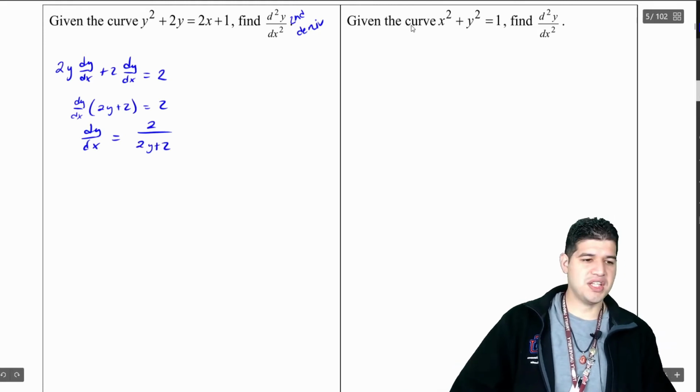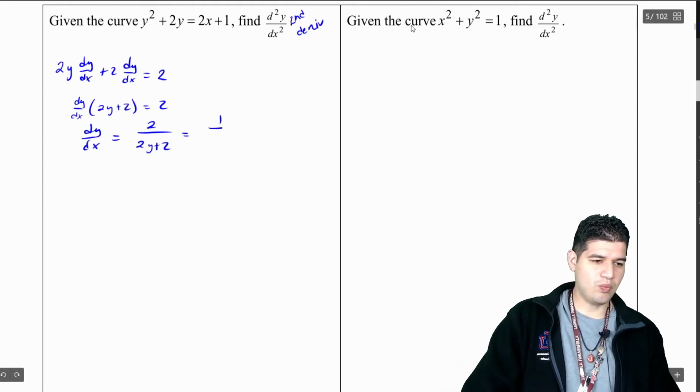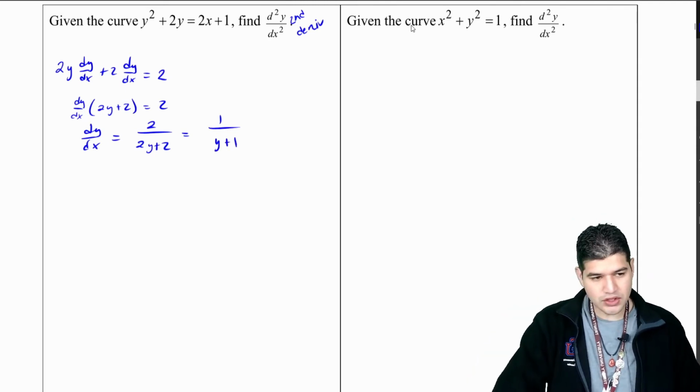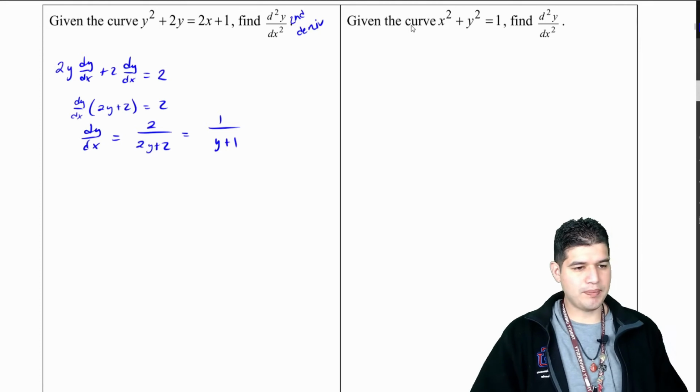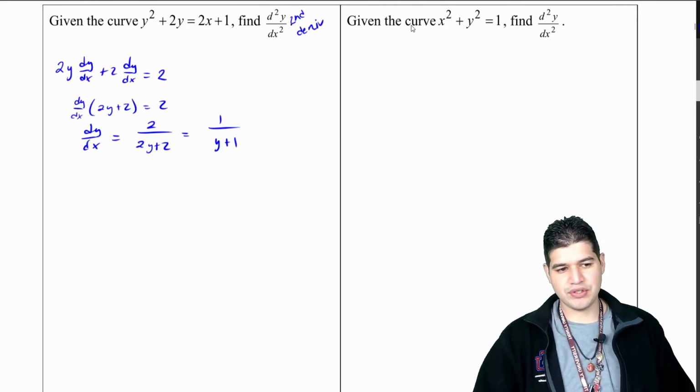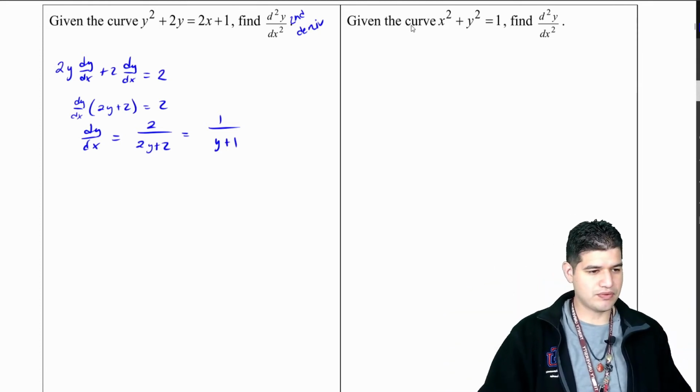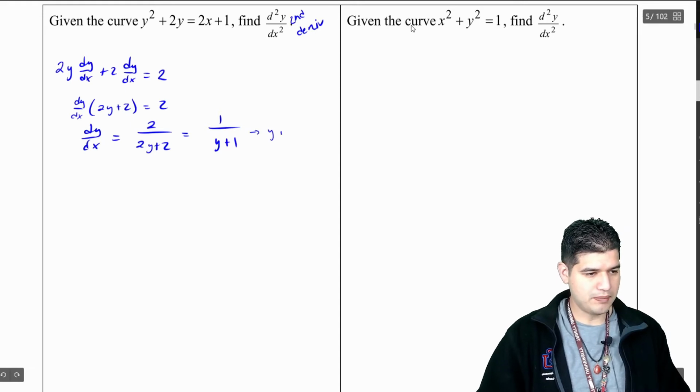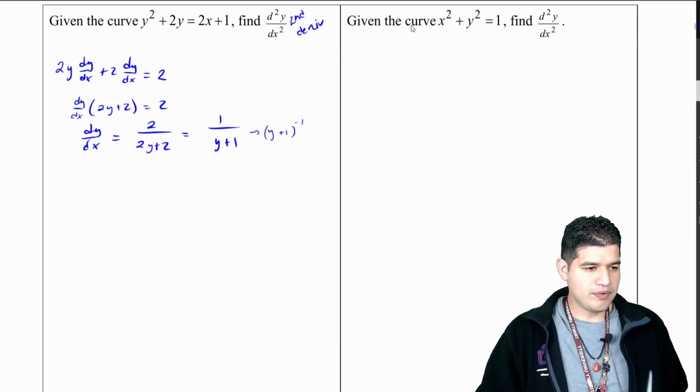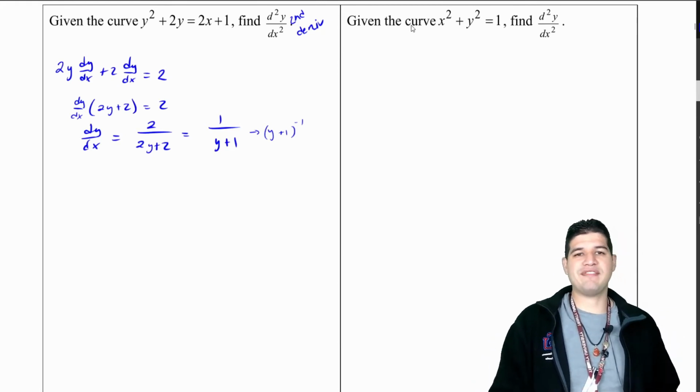And I know that everything can be divided out by 2, so I'll get 1 over y plus 1. And so as I'm doing this, I'm also going to think about, okay, I want to take the second derivative. So I'm going to write this as y plus 1 to the negative first power. The reason I'm doing that is because I want to take that derivative again.